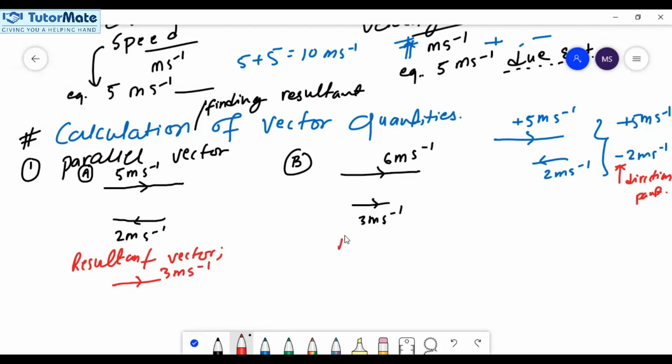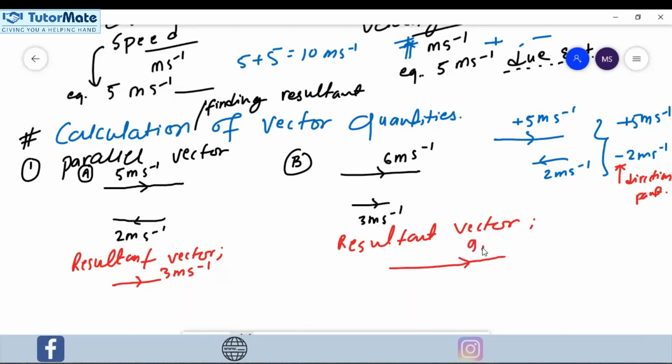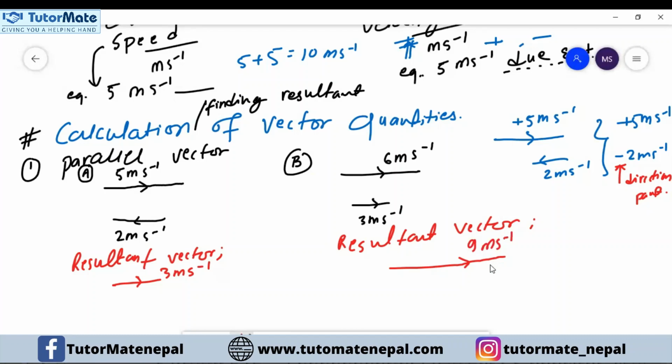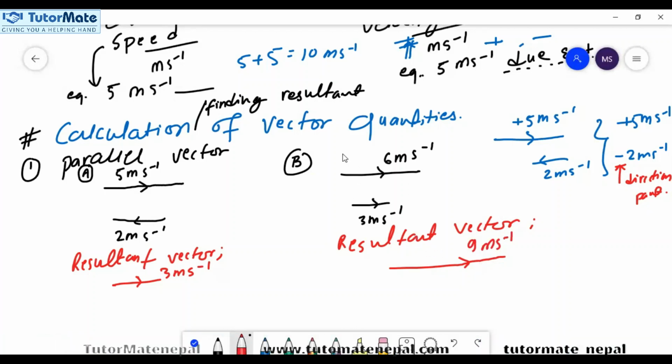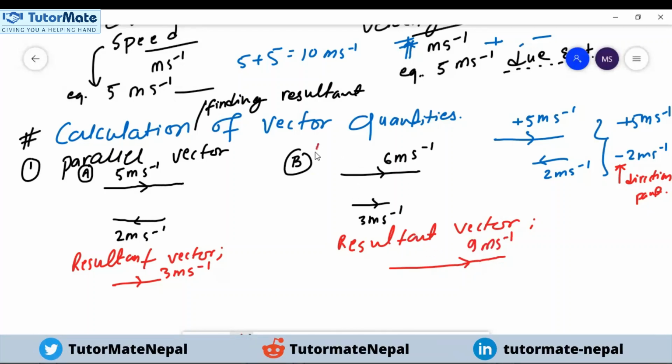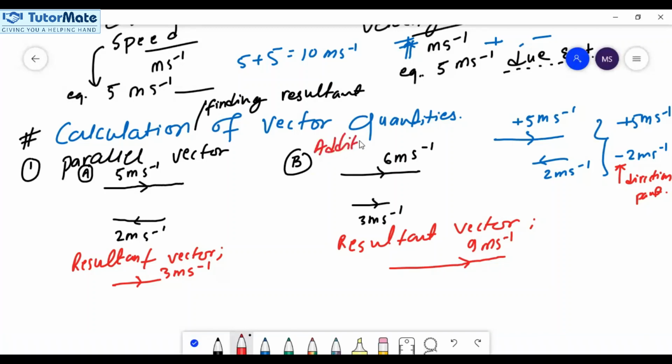Similarly, in case B, the resultant vector would be 9 meter per second in this direction. So here we have addition because of the same direction, and with a different direction we have subtraction.